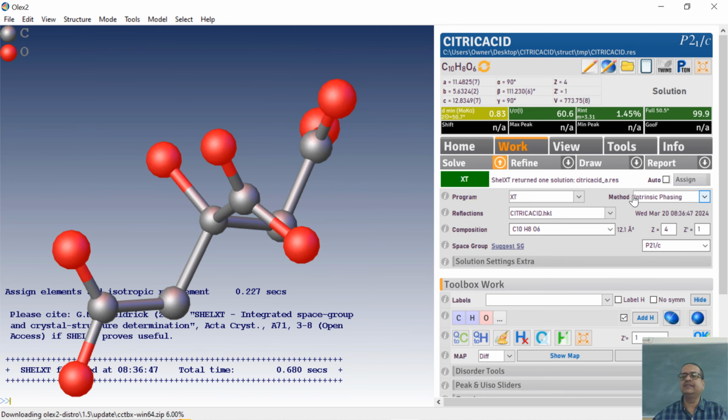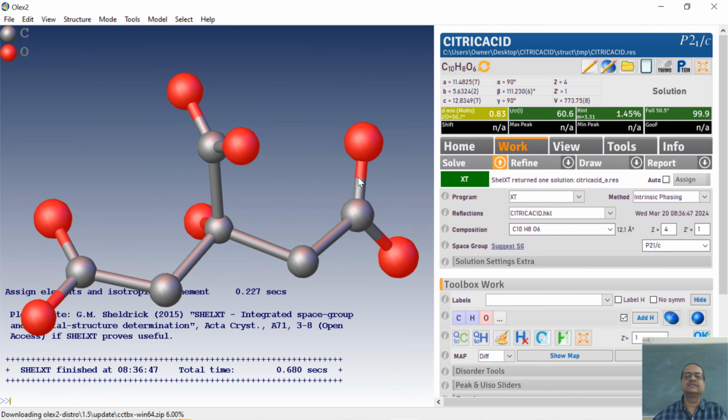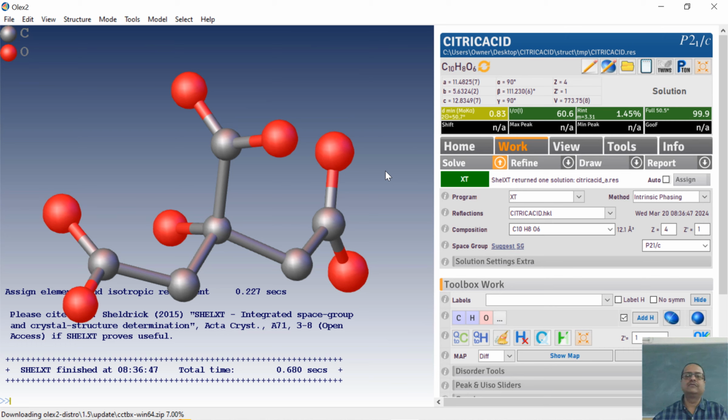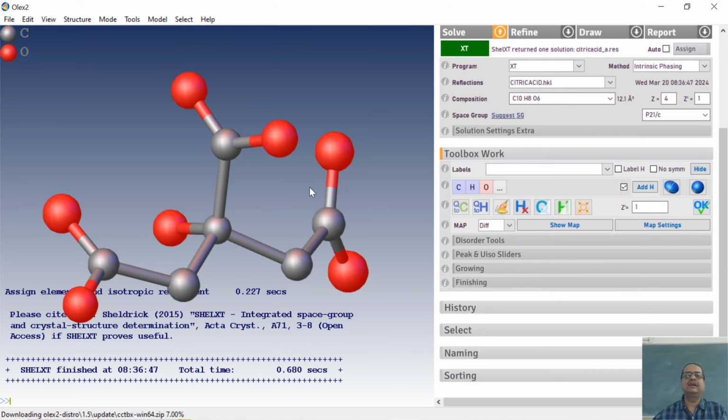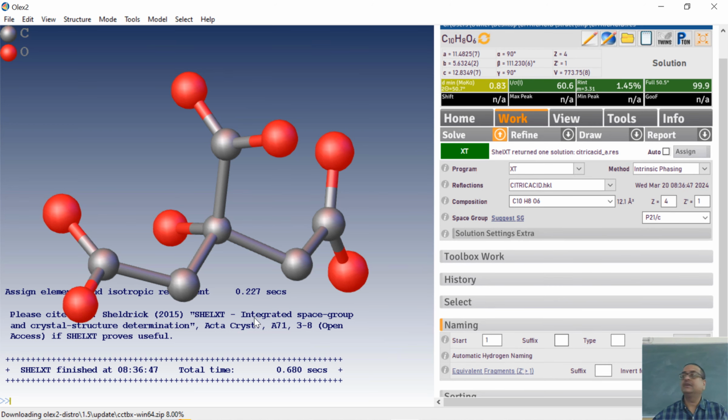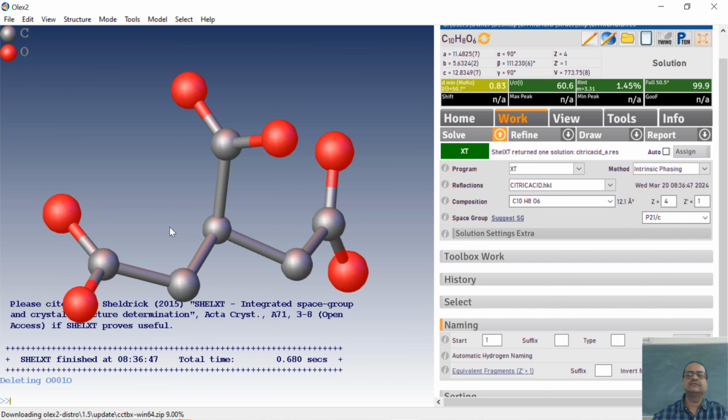So it is using that intrinsic phasing method to solve the structure. Since this data is extremely good quality, it throws you the molecule immediately. So what one should do at the moment is, first thing is to do the naming. But for this tutorial purpose, I am assuming that I did not get this atom.